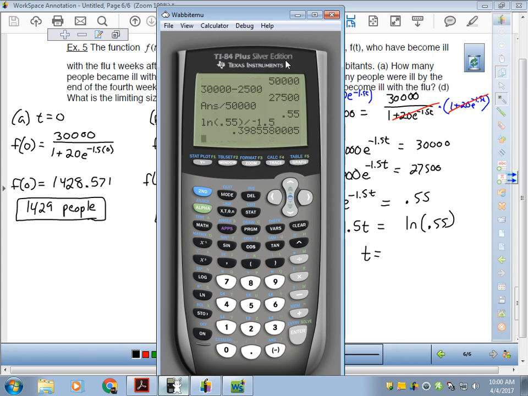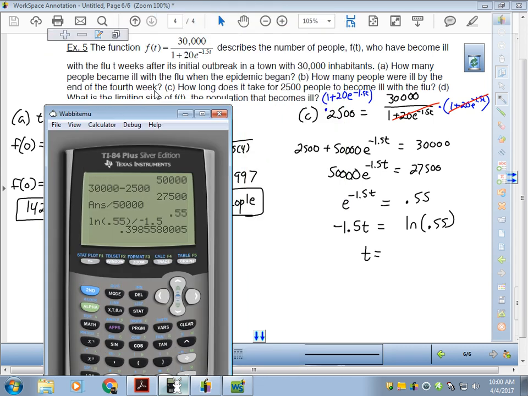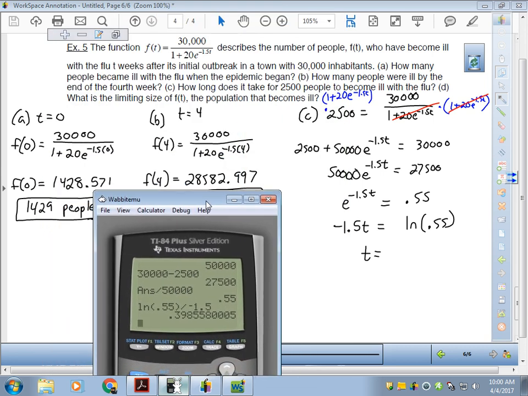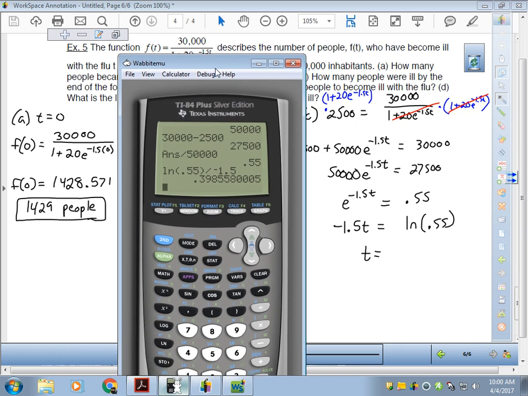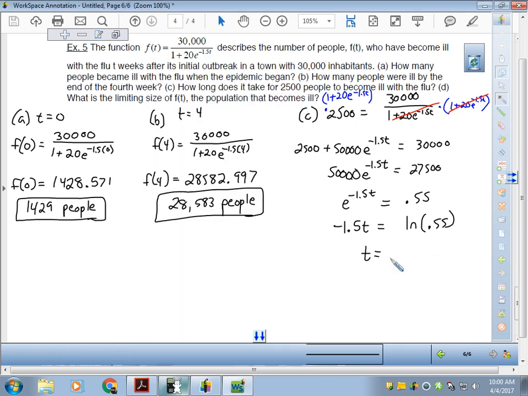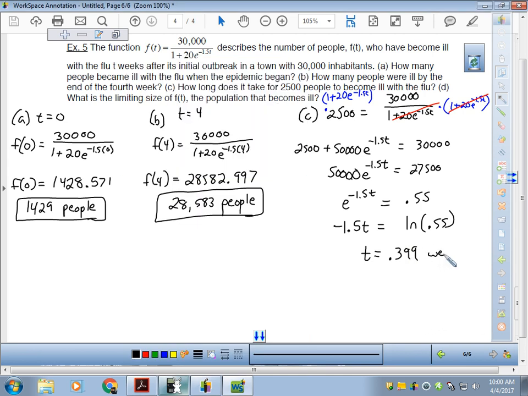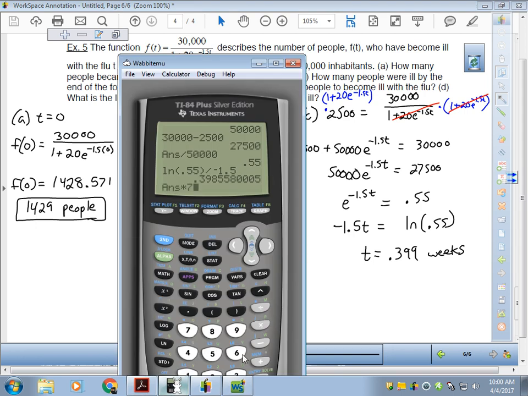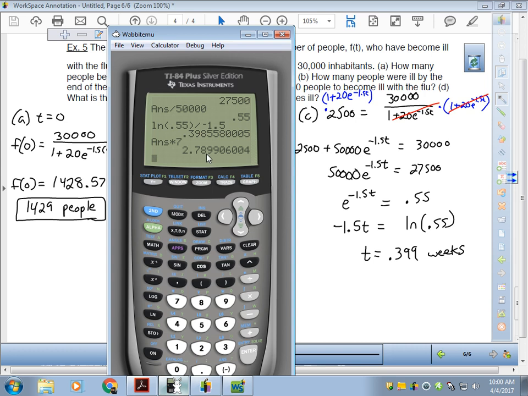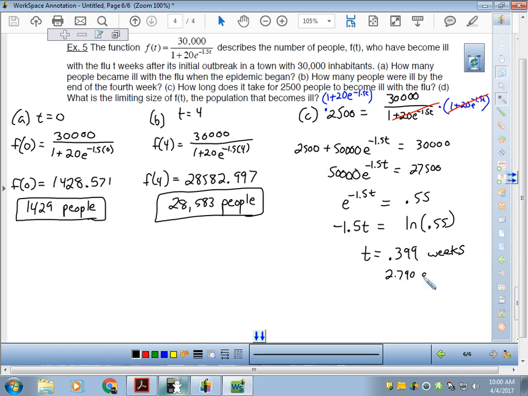I think I typed something wrong. No, maybe not. That'd be 0.399 weeks, and a week has 7 days, so that means it only really takes 2.790 days.